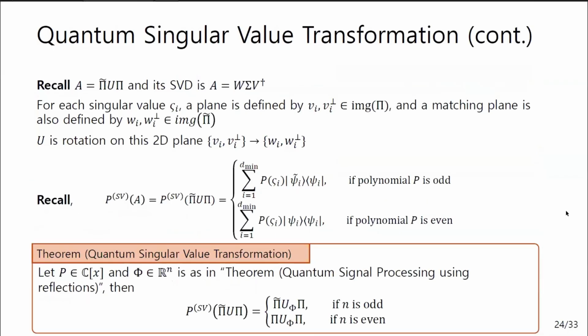Then you apply the same phi and make U phi. Then you will get P(A), the polynomial transformation of matrix A. So P(A) is equal to P applied to pi tilde U pi. And you can get the polynomial transformation, the singular value transformation, by using U phi.